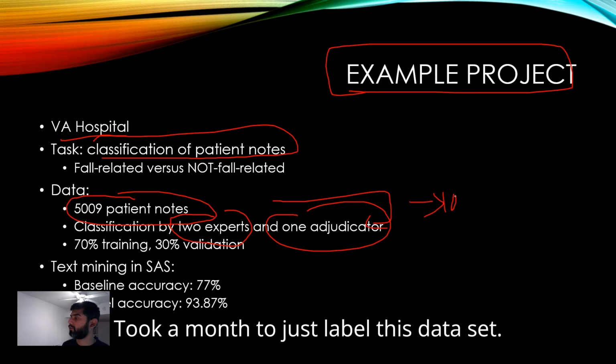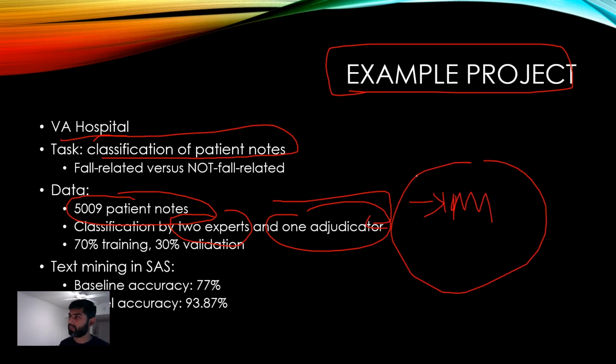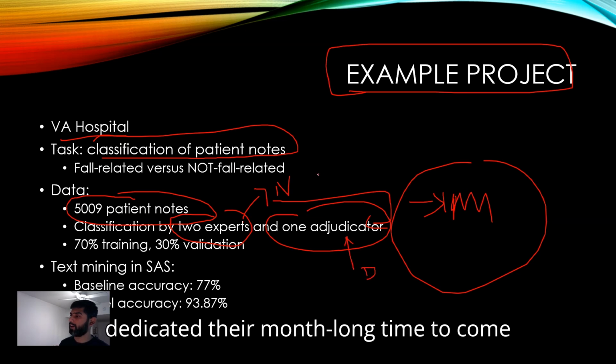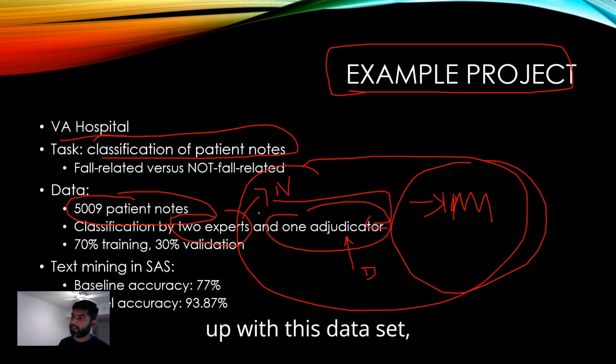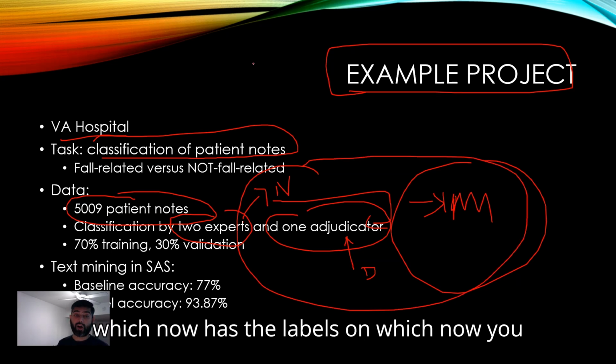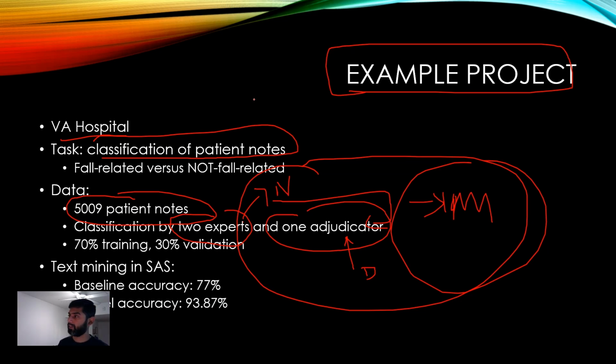It took a month to just label this data set. So two nurses and one doctor dedicated their month-long time to come up with this data set, which now has the labels, on which you could really do machine learning.